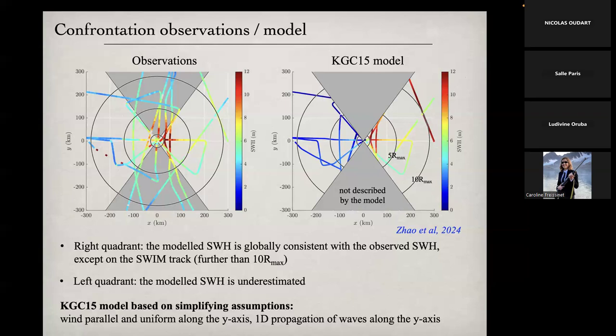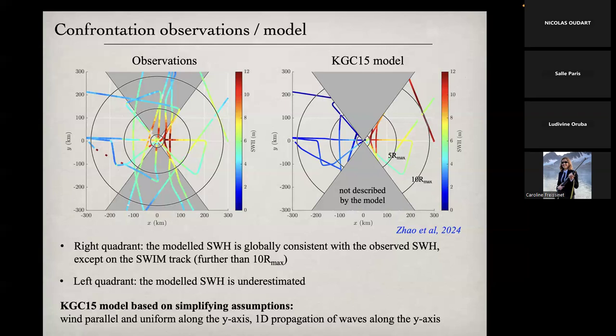Otherwise, in the right quadrant, it's not so bad. However, you can see that on the left, the model is underestimating the significant wave height. That can be explained by the fact that this is a unidirectional model, and on the left of the cyclone, the observed fields are not consistent with this approximation.